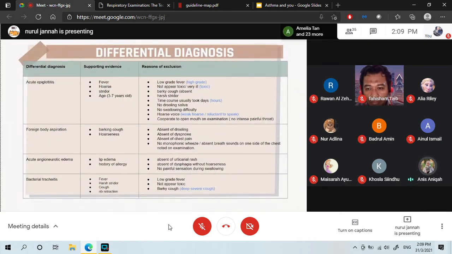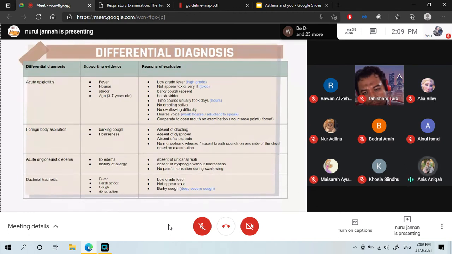So these are the differential diagnoses. Our first one is acute epiglottitis. Why? The supporting evidence is that this patient has fever, but why do we exclude this? Because this patient only has low grade fever, whereas in epiglottitis the patient will have high grade fever.